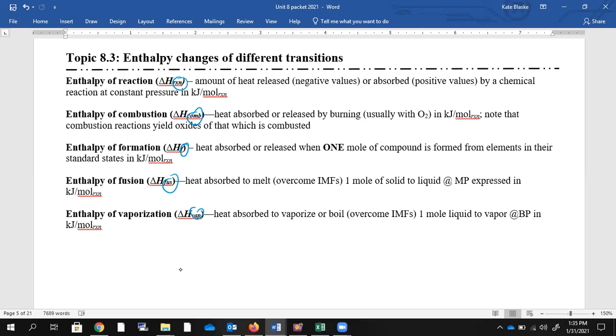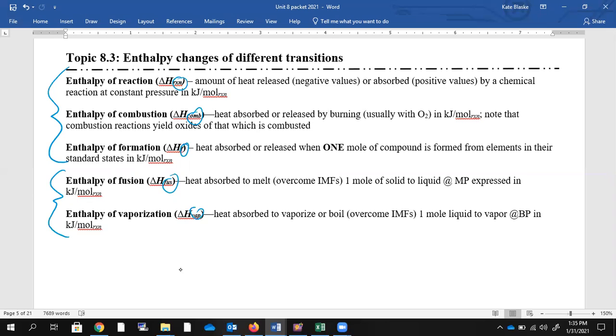Enthalpy of fusion. This is talking about a phase change now. So these first three are all sort of more talking about chemical reactions. Fusion and vaporization, we are talking about phase changes. So fusion is talking about the phase change from solid to liquid or liquid to solid.